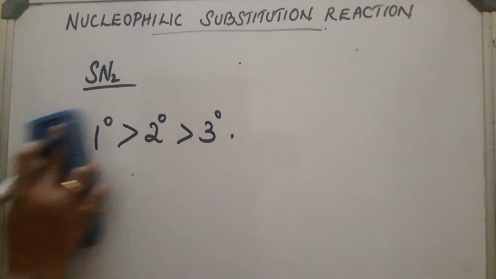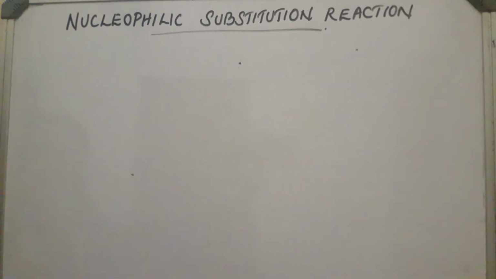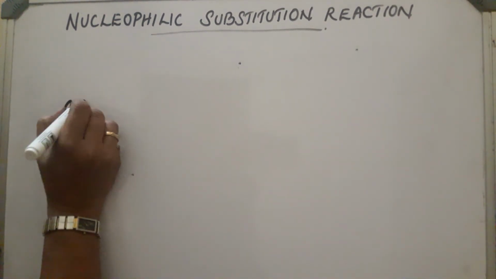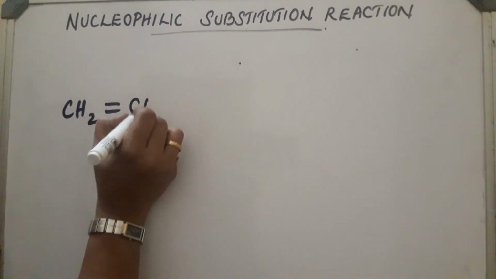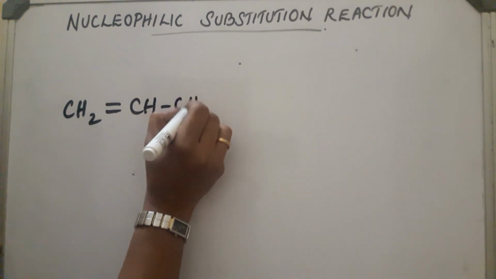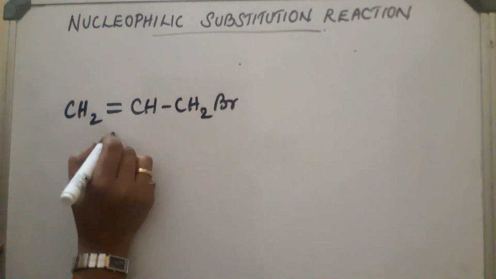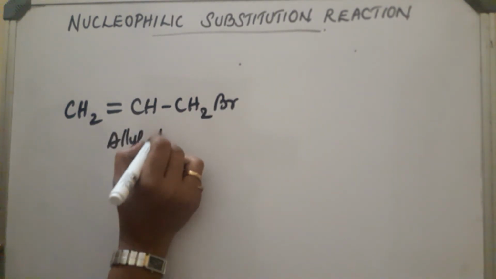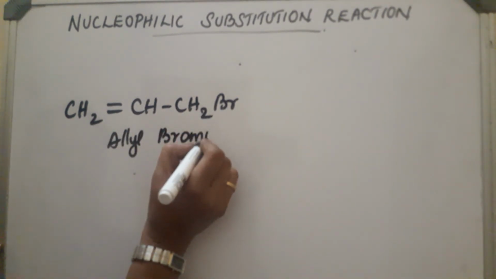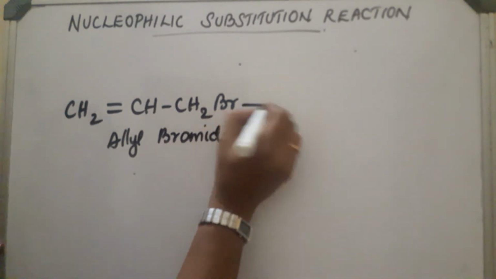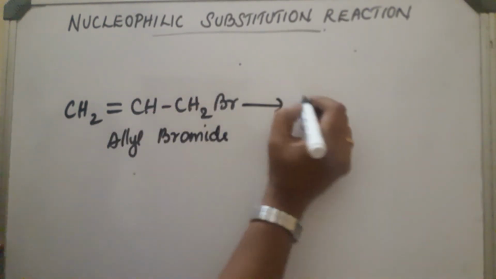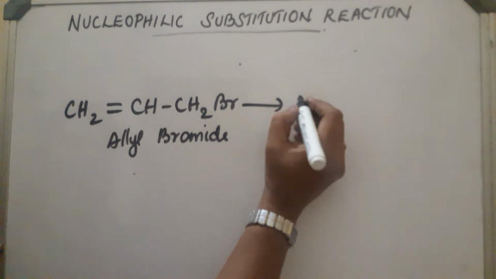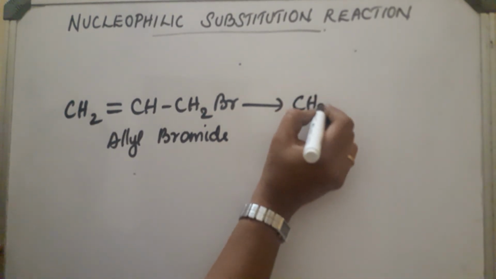Now, next, in the case of some other compounds like allylic and benzylic compounds, take one example, allyl bromide. This is allyl bromide. In this case, first the carbocation is obtained, and it is resonance stabilized.